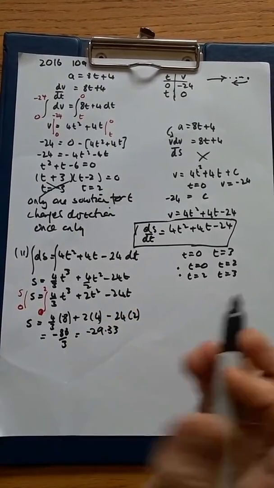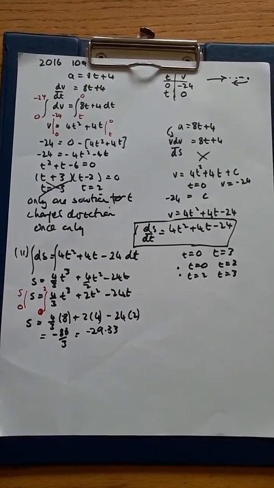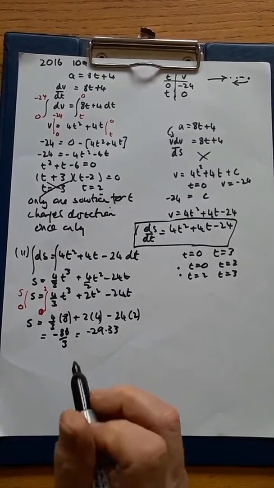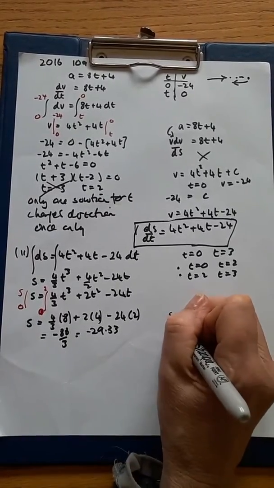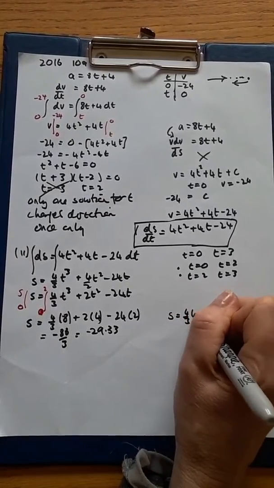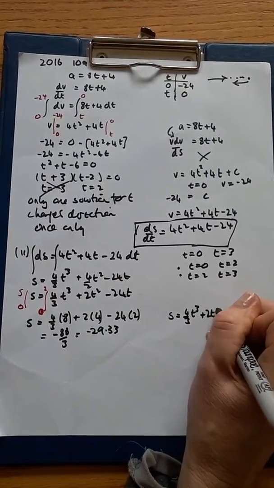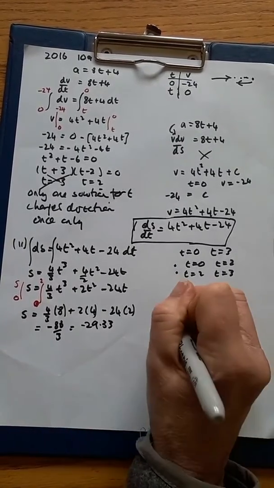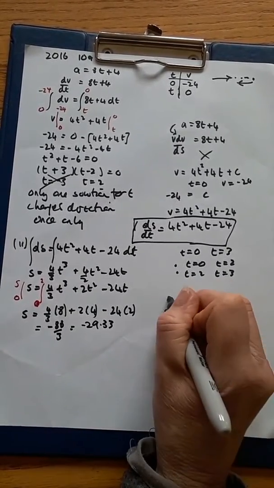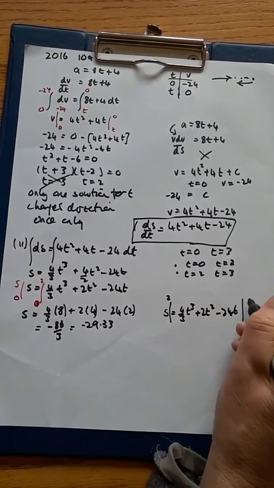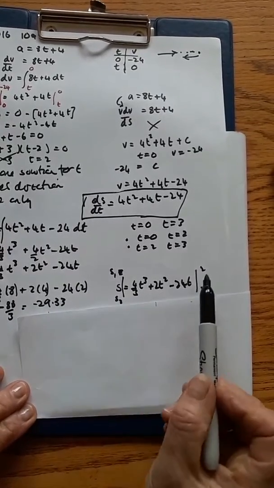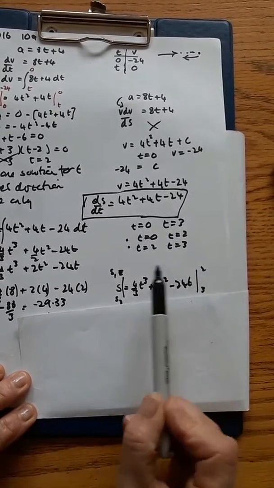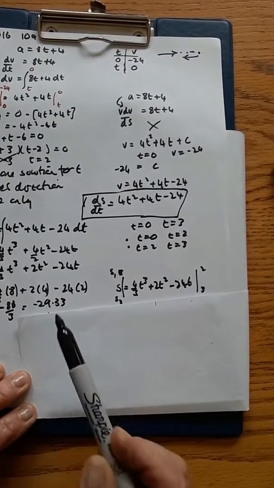So that's how far it travels in the first part of its journey. Then it changes direction. So now I'm going to see what happens between 2 and 3. I'm going to say s again equals 4 over 3 t cubed plus 2t squared minus 24t, and this time I'm going to do it between 2 and 3 seconds. I know what the 2 seconds is already, I found that to be minus 29.33.